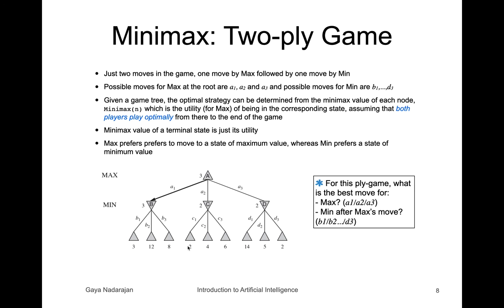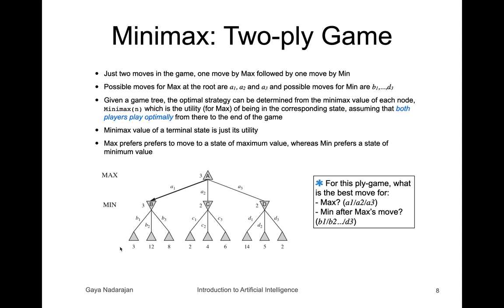So Max is going to assume that Min is going to take the 3 here, because Min always takes the smallest. And over here in this particular example, Min is going to take a 2. And in this example here, Min will also take a 2. So Max will see that the worst thing that can happen is a 2 here, a 2 here, and a 3 here. So the best thing for me to do would be to take the 3, to go down the 3 here.